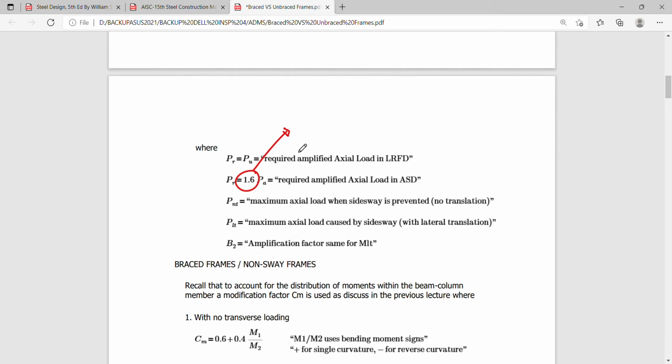So PNT and PLT are simply the maximum axial load considering no side sway and with side sway respectively. And B2 is just the same amplification factor we use for the condition wherein lateral translation occurs.